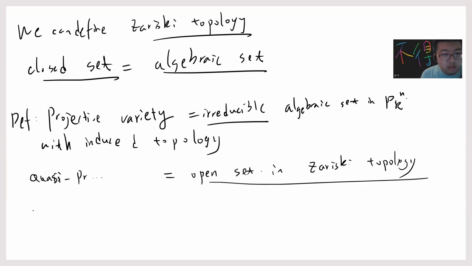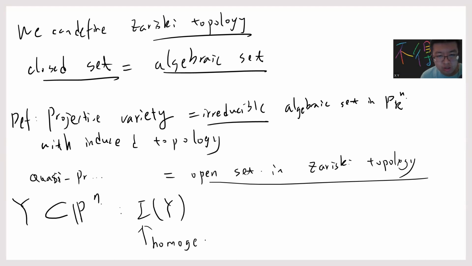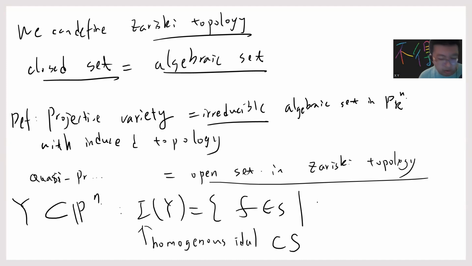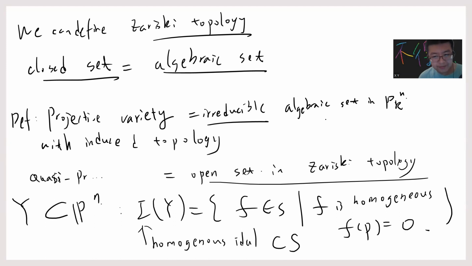And if Y is a subset of P^n, we can define I(Y), called the homogeneous ideal, which is a subset of S, defined to be the F belonging to S such that F is homogeneous, so we need to make sure every element is homogeneous, and F(P) is 0 for every P belonging to Y. So you take all the polynomials, restricted to homogeneous ones.